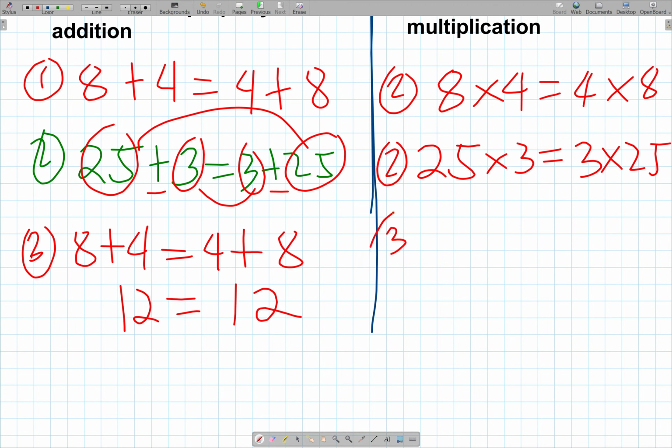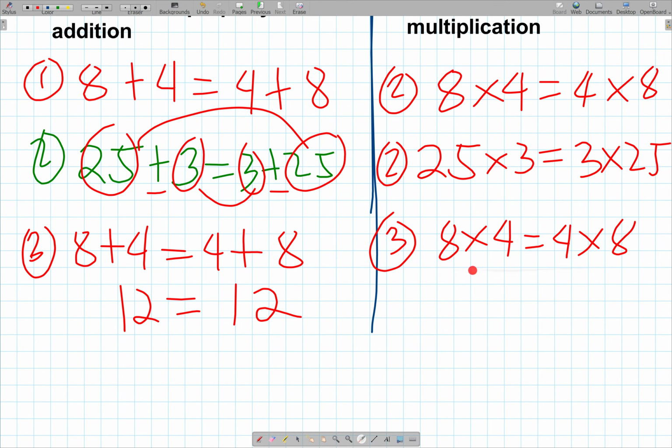And then, ito na naman, i-times natin. 8 times 4 equals 4 times 8. Ang ibig sabihin yan, commutative property of multiplication. Bakit commutative? May 8, no? May 8 dito sa kabila, mayroon din 8, 4 sa kabila, may 4 din, tapos times and times, that is multiplication.